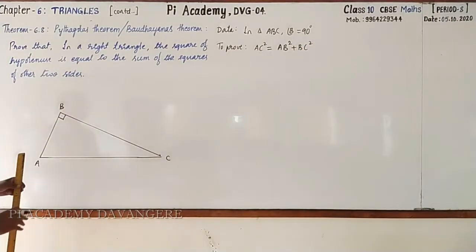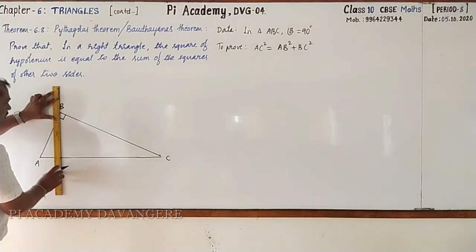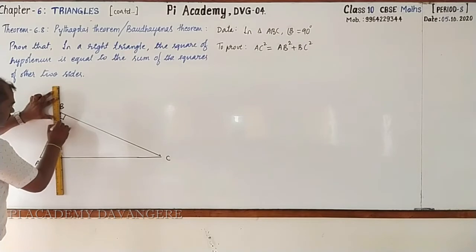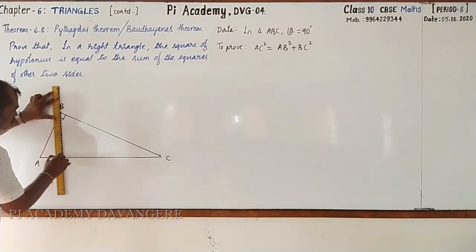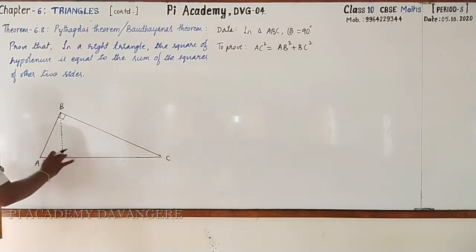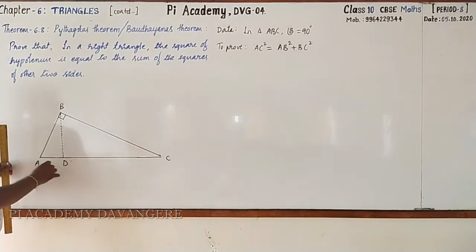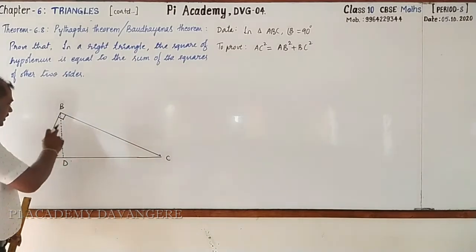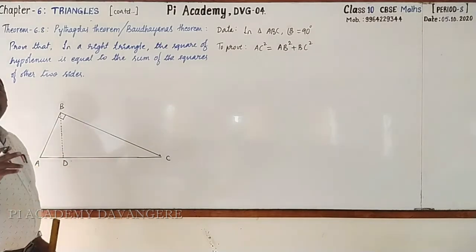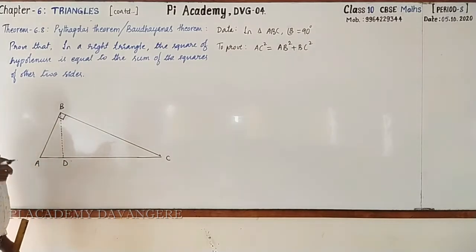And to prove this statement, we need construction. So now I am going to show that construction. That construction is, we have to draw the perpendicular from B to the hypotenuse AC. I call this BD. BD is perpendicular to AC. Why is this construction necessary?